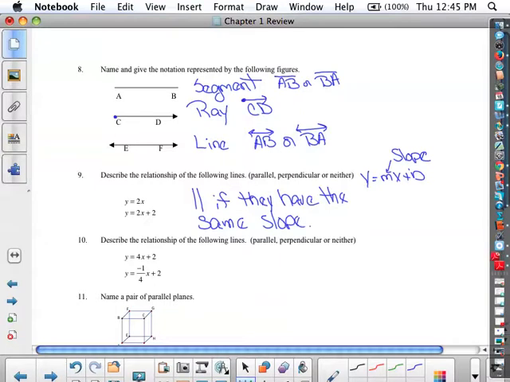Since both of these equations have a slope of 2, so here m equals 2, and here m equals 2, they are parallel.